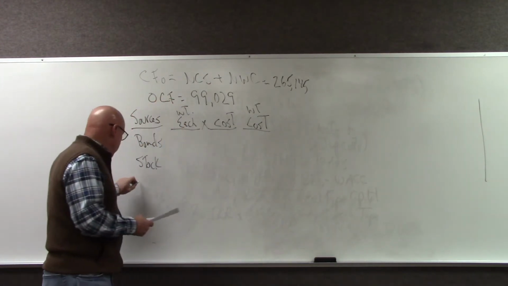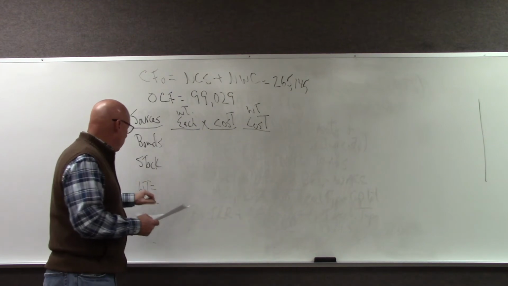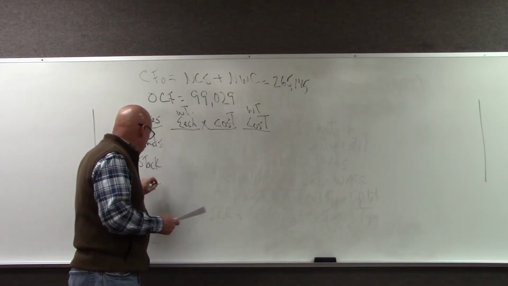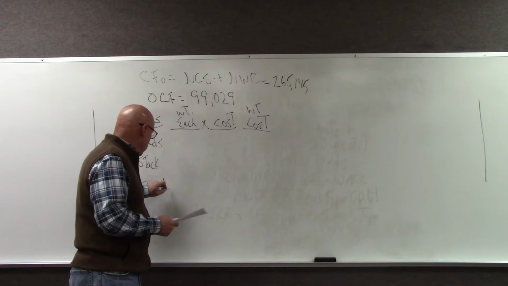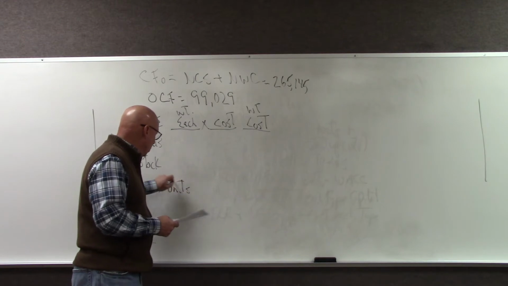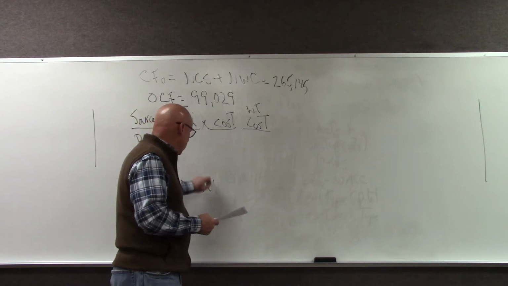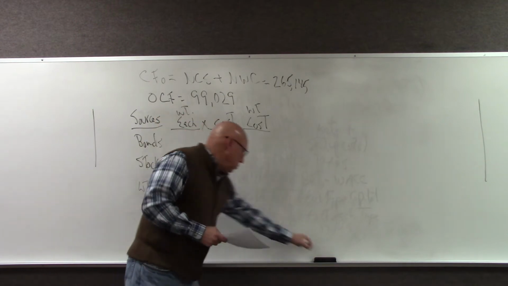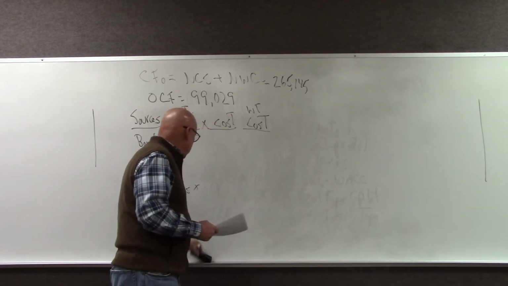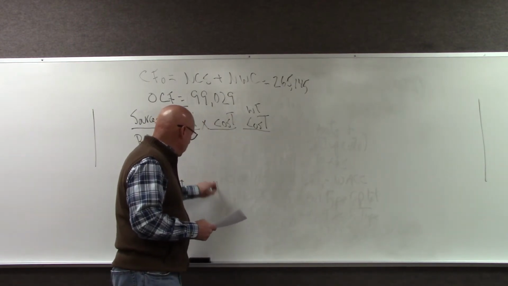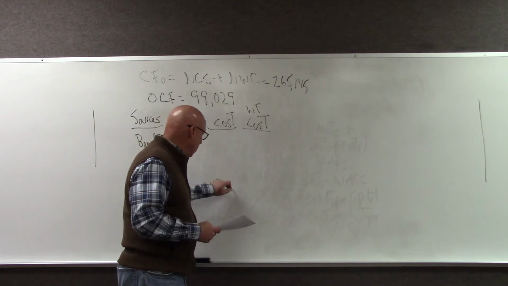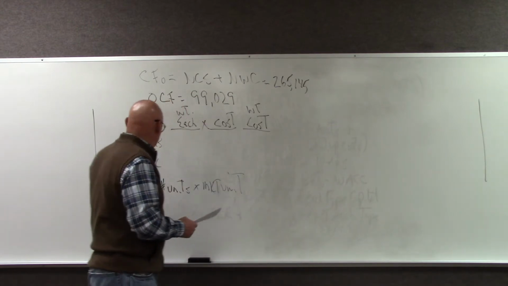So the weight is equal to the number of units times the market price per unit. Okay? So bonds.